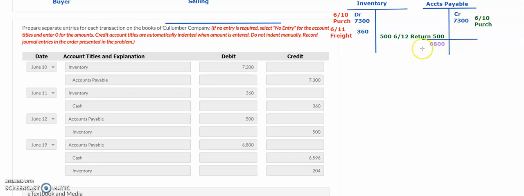Once you have made the payment, you want to clear out your accounts payable to a $0 balance. So this is going to be our transaction on June 19th for the payment.